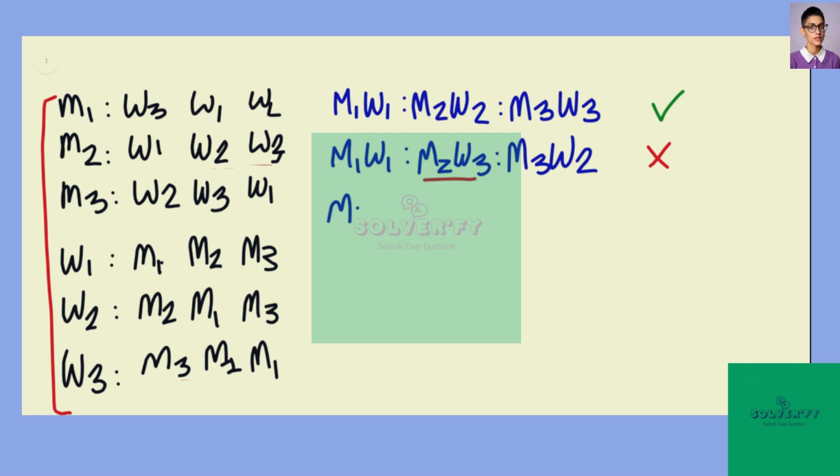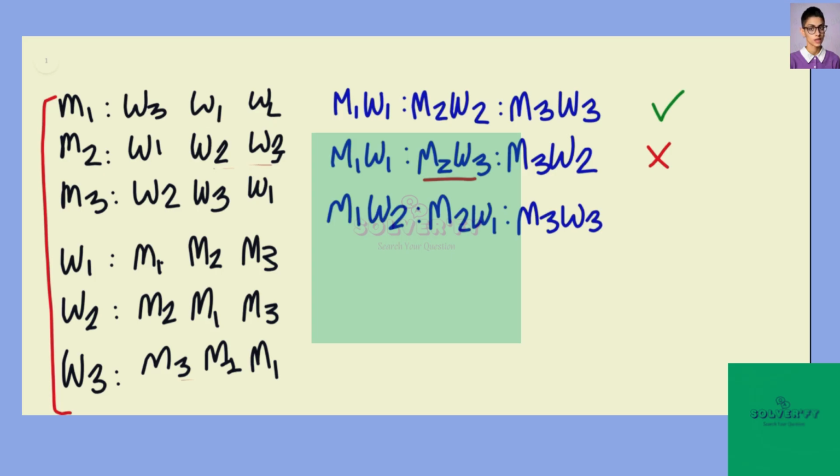Okay, and then we'll move on to the next group of pairs, I should say. So we'll look at male 1 with woman 2, male 2 with woman 1, and male 3 with woman 3. And in this instance, we can see that male 1 prefers woman 1 over woman 2 here.